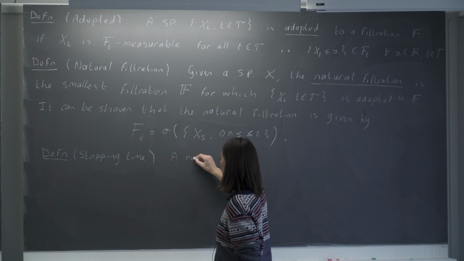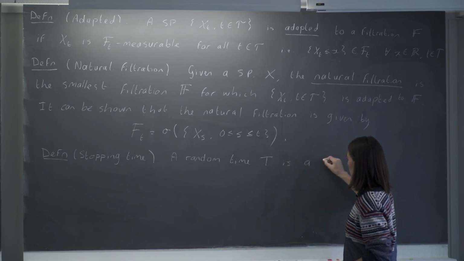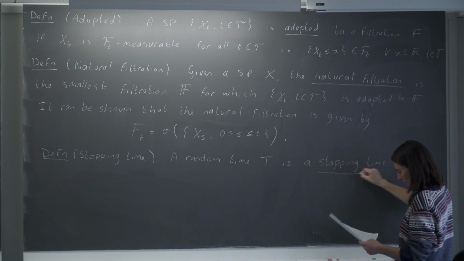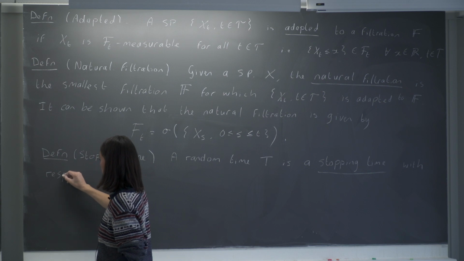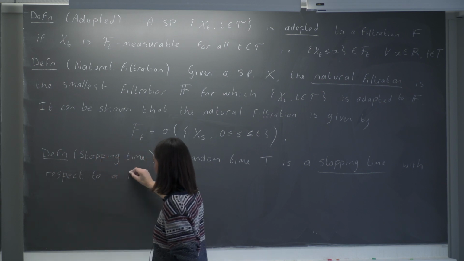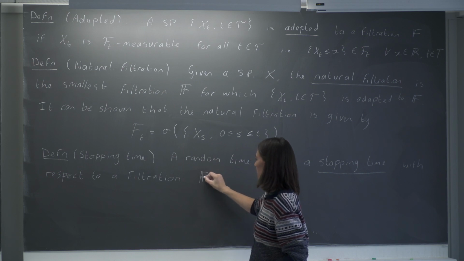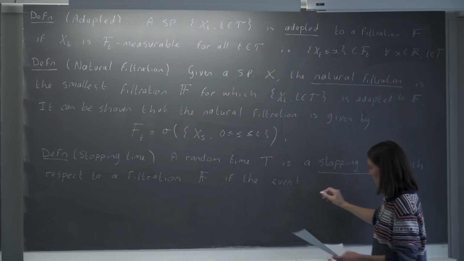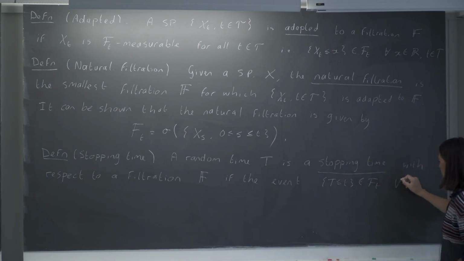A random time T is a stopping time with respect to a filtration if the event T less than or equal to t lies in F_t for all t in our indexing set.